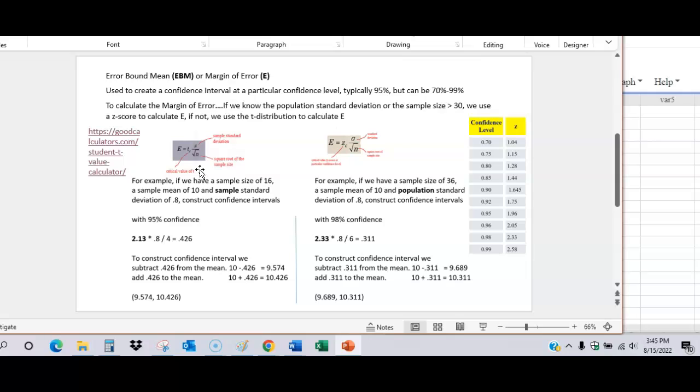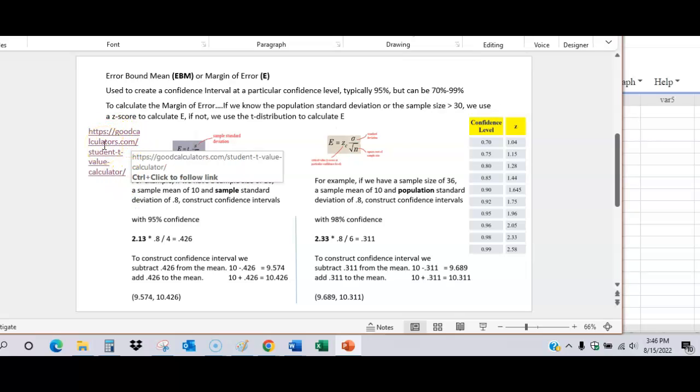The only difference when we're using a table trying to find this t value is that we are using degrees of freedom, which is just your sample size minus 1. So we need to find our t at 95% confidence, given a sample size of 16 and a sample standard deviation of 0.8.